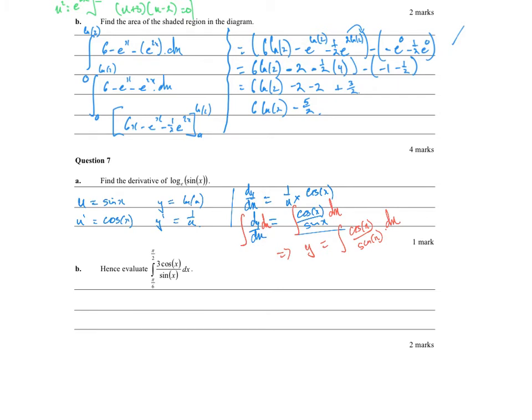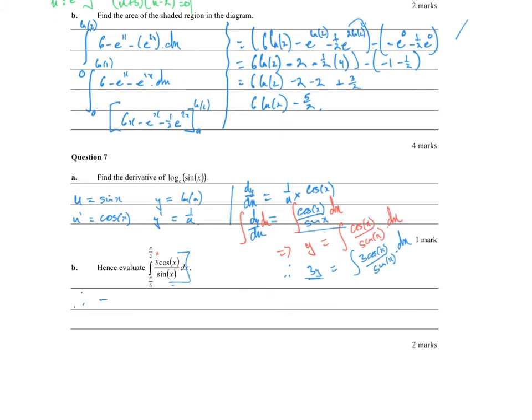Because I've got a 3 here, therefore 3y is equal to the integral of 3 cos x on sine x dx. So the antiderivative of 3 cos x on sine x is 3y, which is 3 natural log of sine x, evaluated between pi on 2 and pi on 6.